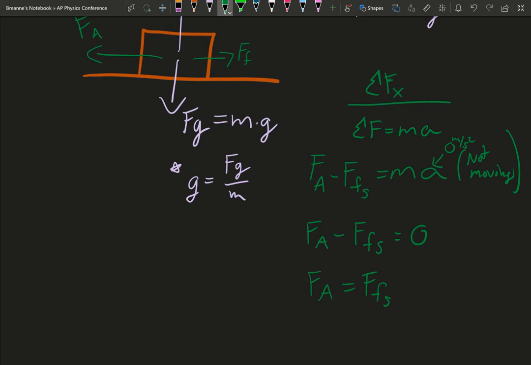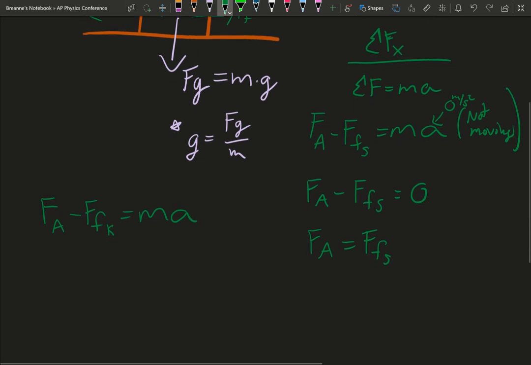Now, if you're dealing with force applied minus your force of friction in the kinetic, kinetic means moving. So it is moving.